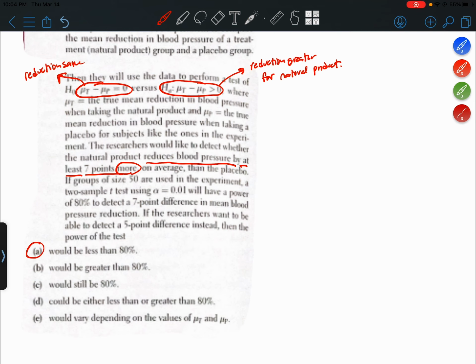All right, so let's think of this with an image. The null hypothesis would be no difference, right? So here's what the sampling distribution would be for the null hypothesis, no difference. The sampling distribution assuming the alternative hypothesis, a 7-point difference, so let's place 7 here.